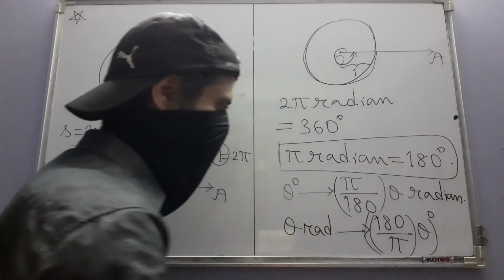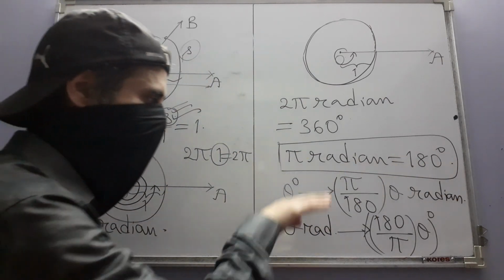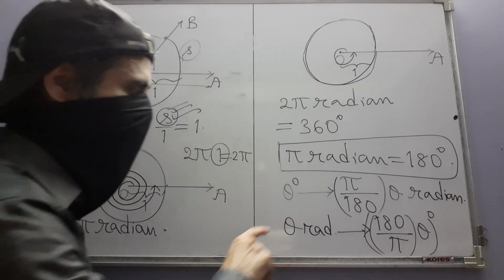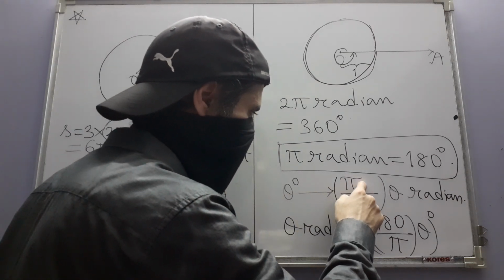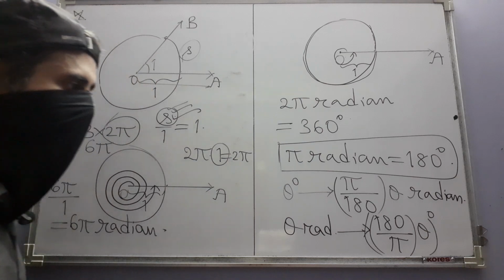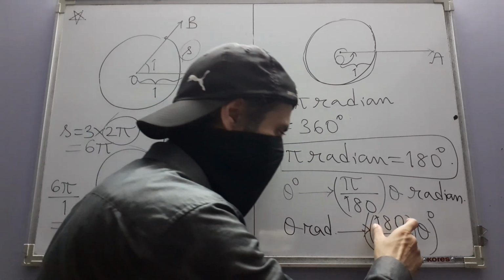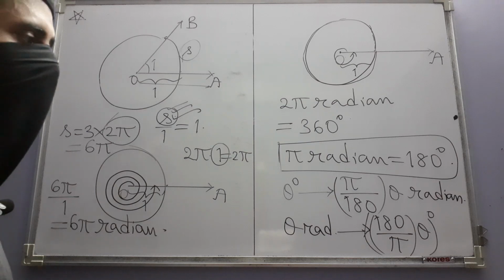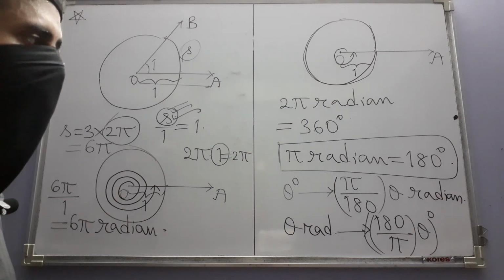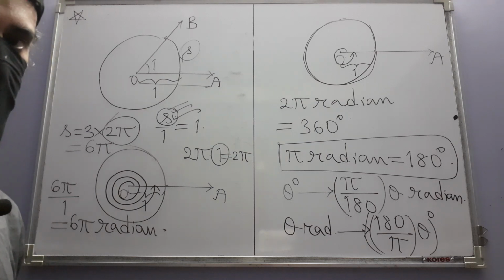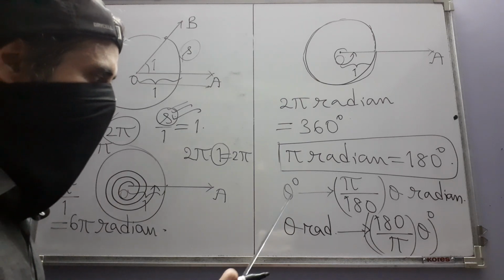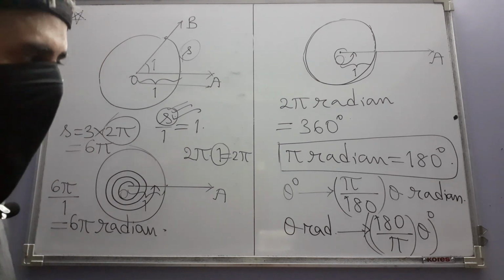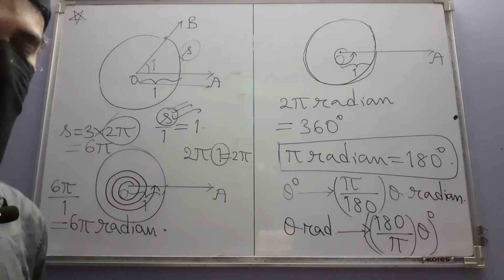The number which comes with degree in that relation, that is below the more important one, pi. So for radian, pi is above 180. For degree, 180 is above pi. That way you can remember. So some problems will come in your exam where one angle will be given, you have to change the unit. So you have to do this.